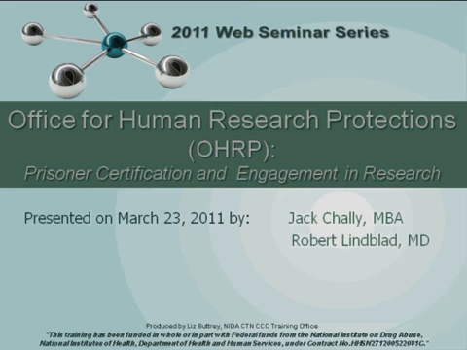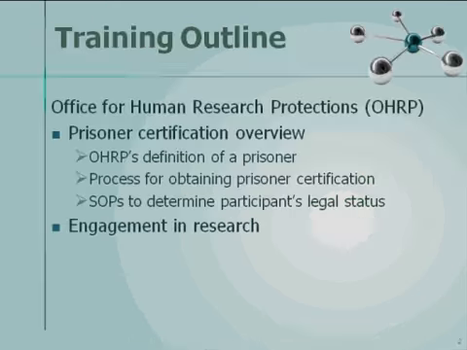With that, we'll talk a little bit about the training outline and what we're hoping to accomplish today. First, we're going to talk about the prisoner certification overview. We're going to spend quite a bit of time talking about OHRP's definition of prisoner. I think that's probably the key part of that part of the presentation. Really, what are the definitions? There will be some variance by local IRBs and local regulations, but we want to at least bring forward what OHRP is defining prisoners as in the context of research.